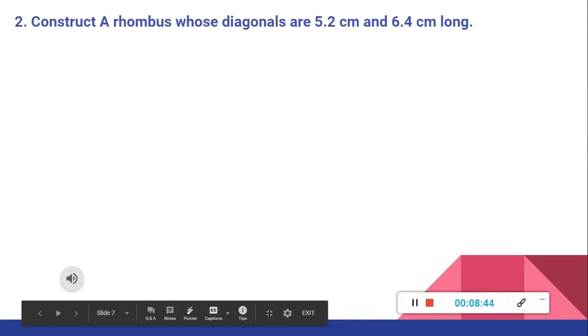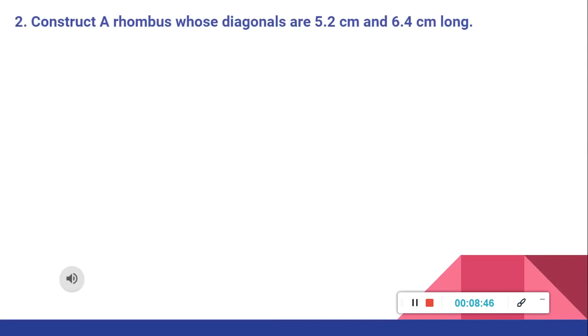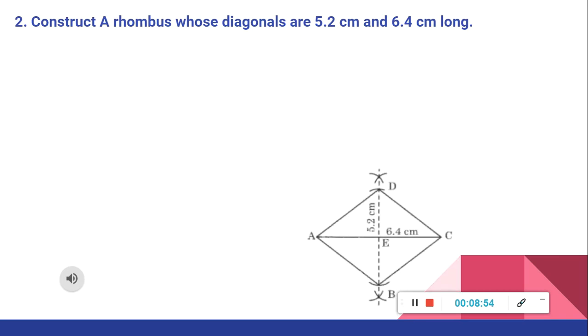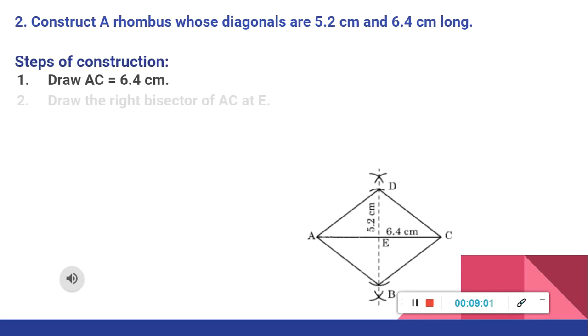Now let's construct our second special quadrilateral, that is a rhombus, whose diagonals are 5.2 centimeter and 6.4 centimeter long. Let's see. Draw AC 6.4 centimeter. That is the diagonal, AC. Now draw the perpendicular bisector of AC at E. Means you have to draw a perpendicular line on AC.